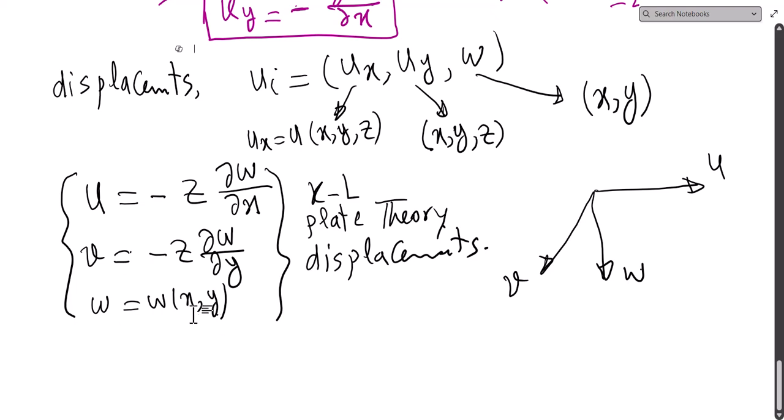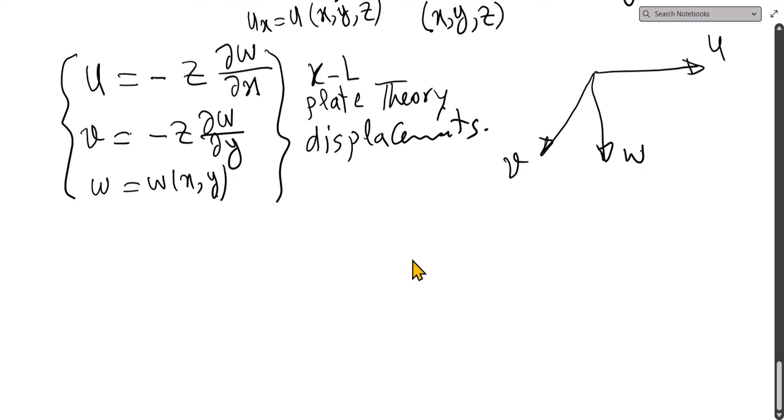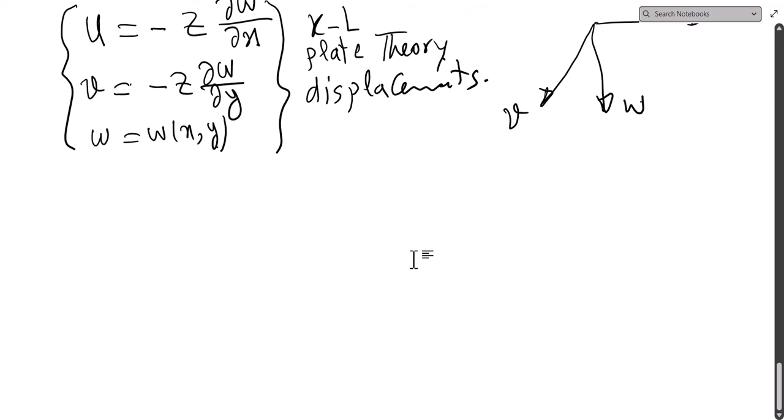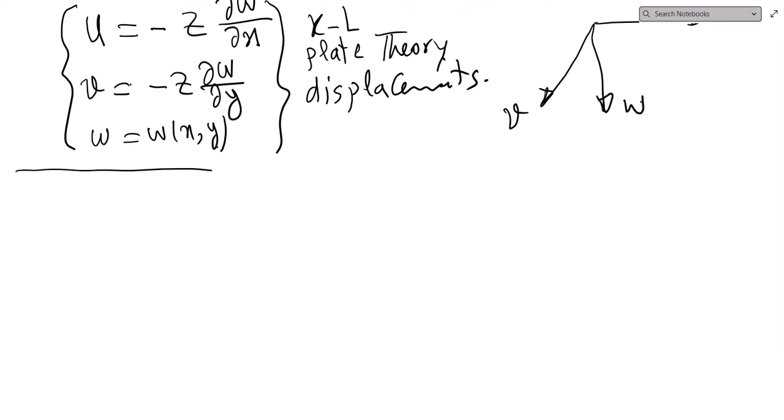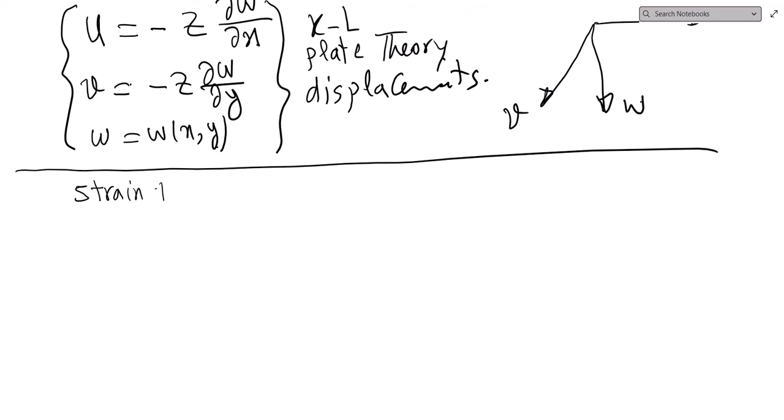So any x and y will not move away. Any given x and y point will be exactly deflected in the z direction the same way. Okay, so once I have my displacement, I can easily move to the strain tensor.